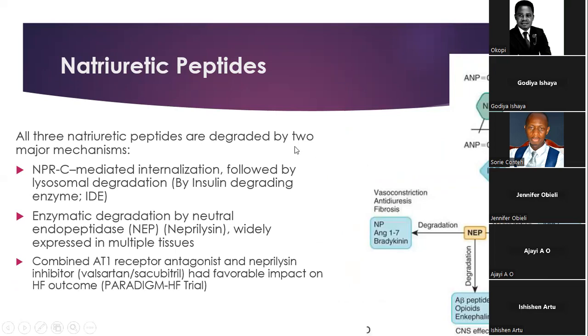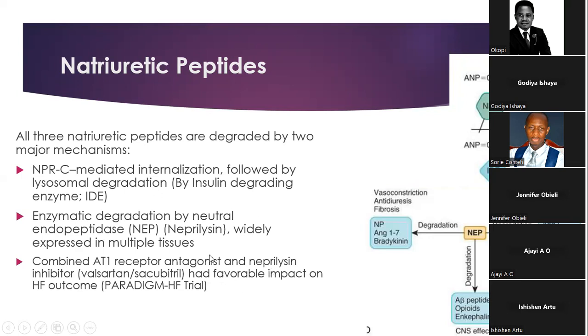All three of the natriuretic peptides that are important in the cardiovascular system are degraded by two major mechanisms. The intracellular mechanism happens through natriuretic peptide receptor C. Once they bind to the receptor, they are internalized and then degraded in the lysosome by insulin degrading enzyme.